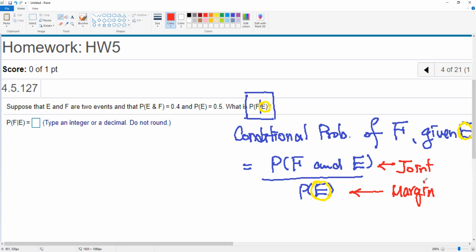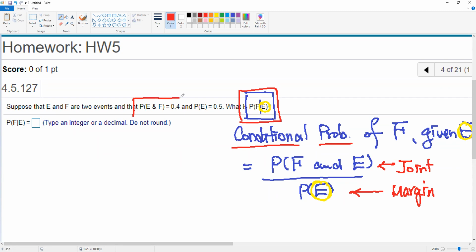In another question, you might have the table, and you can take the joint probability and the marginal probability. Finally, you can be asked for the conditional probability.